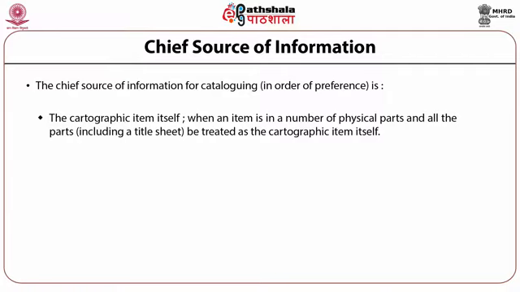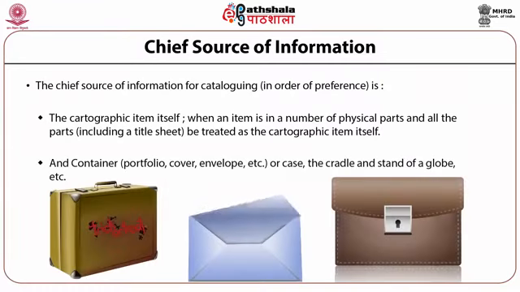Regarding globes, you will find very little information on the globe, but in the box where it comes there is accompanying material. There it is written on which information the globe has been prepared. Then the container, cover, envelope. So these are the chief sources of information the cataloger must consult.